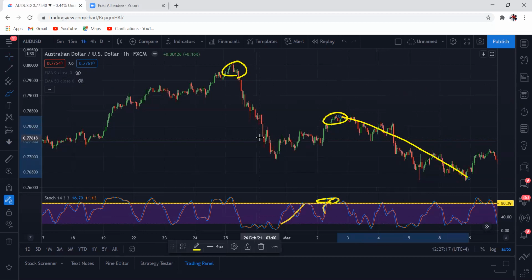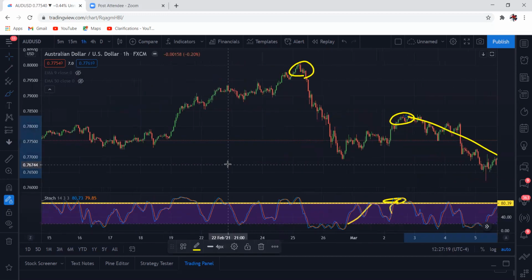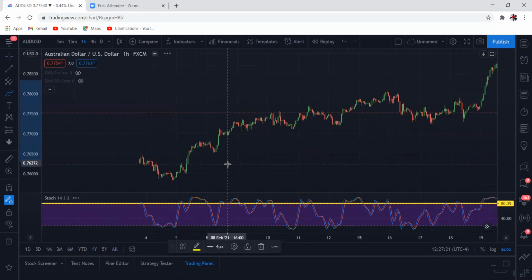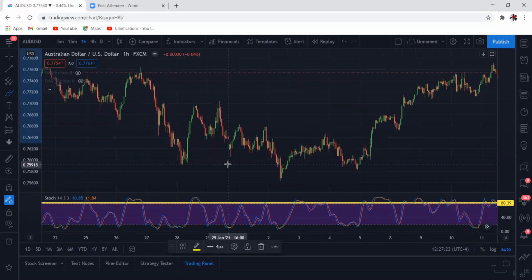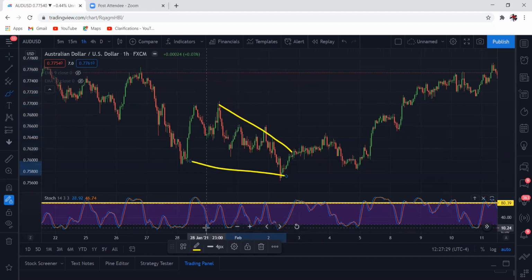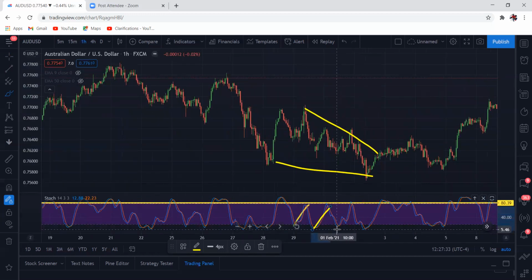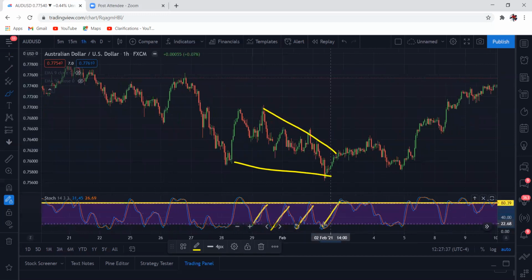So again, what I want to use the stochastic for is to spot divergence, right? For example, I'm getting divergence here. Price is coming, and what does price keep doing? Keep going up, keep going up, keep going up. So what I want to see is price breaking that previous, right? Or we keep going down and down and down.